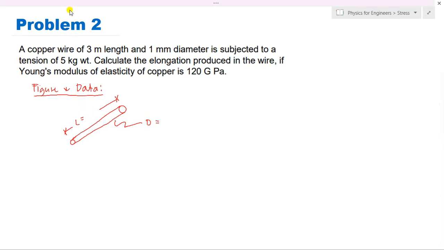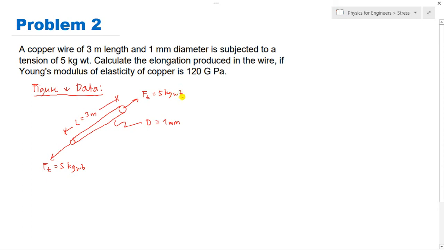The original length is 3 meters. Its diameter D is 1 mm. Then subject to a tension of 5 kg weight. So gibira ni siya. Ft is equal to 5 kg weight. So ato pa na siya i-multiply og 9.81 para mahimo na og newton.